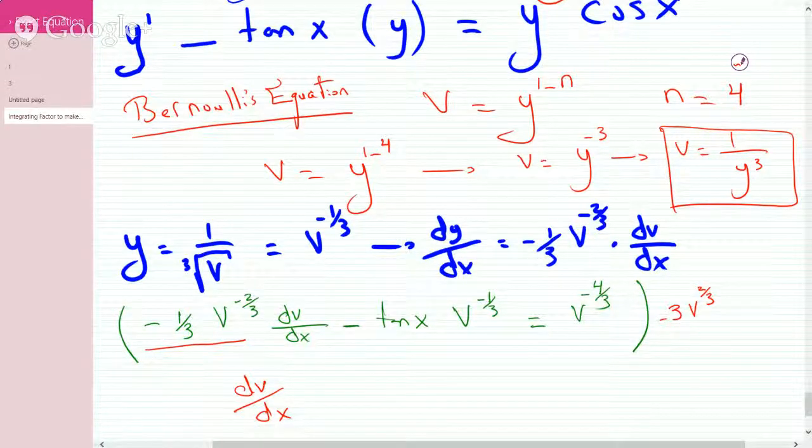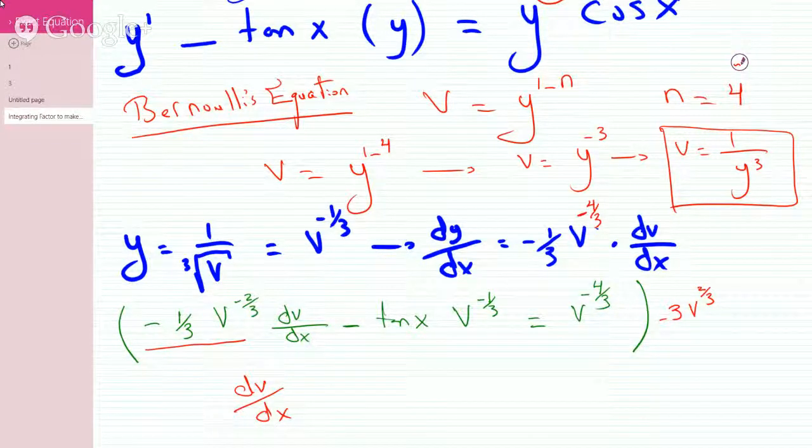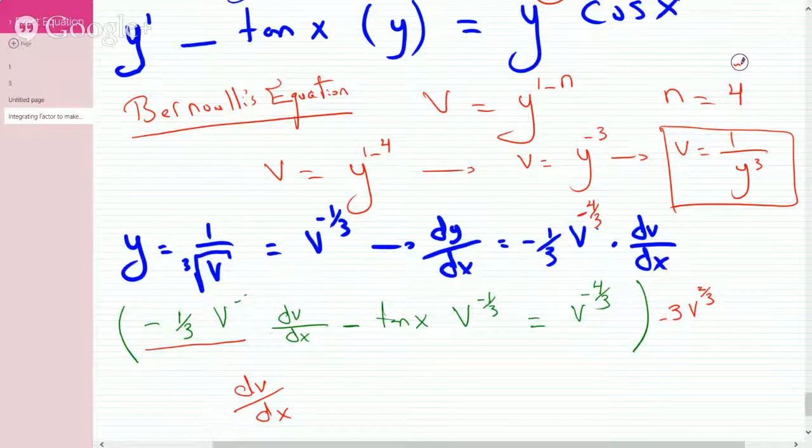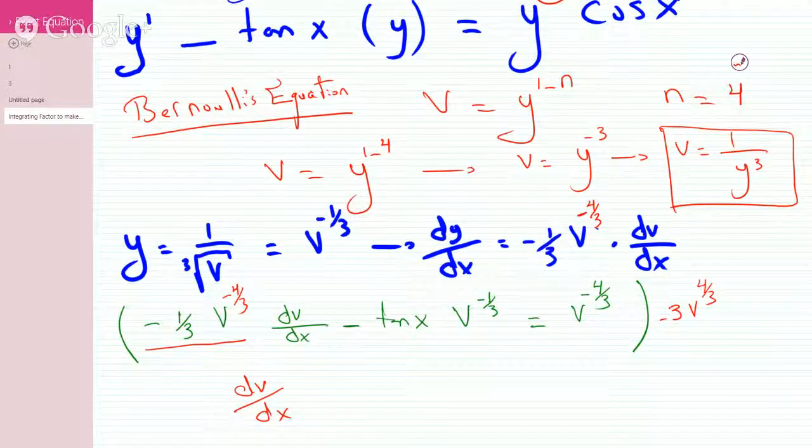Minus 1/3 minus 1 is minus 4/3. So this will have to be minus 4/3. Okay. So we need to multiply by minus 3/4.